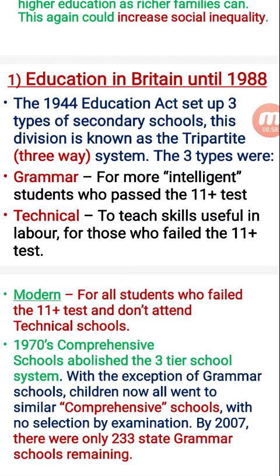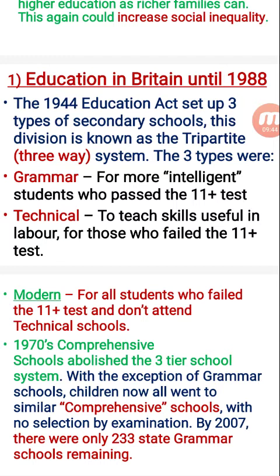So that was 1944. Then in the 1970s, the third thing they did was the comprehensive schools, which abolished the three-tier school system. In my previous, sixth lecture, we covered comprehensive schools, where they tried to merge grammar, modern and technical schools; these three divisions were abolished, and later they established only comprehensive schools, with the exception of the grammar schools, where the rich parents sent their kids for education.